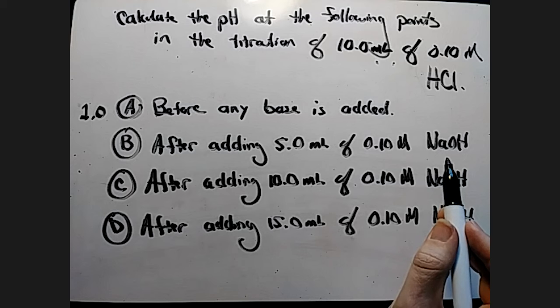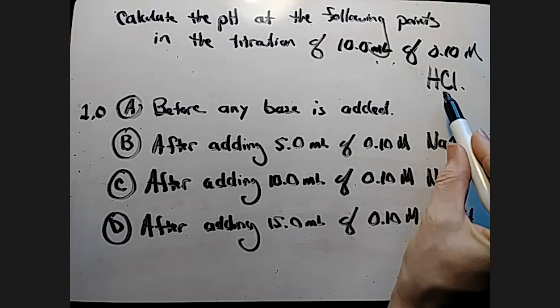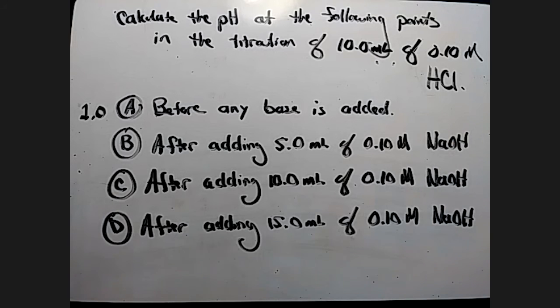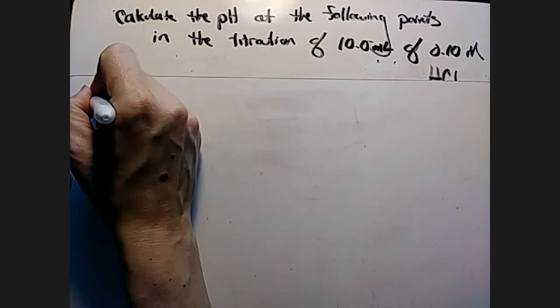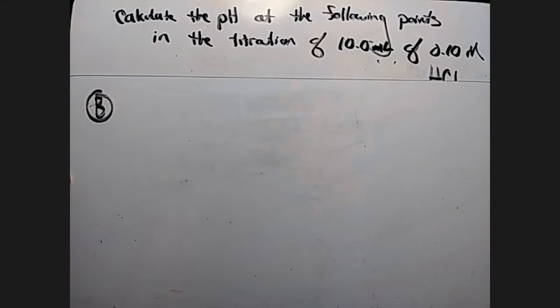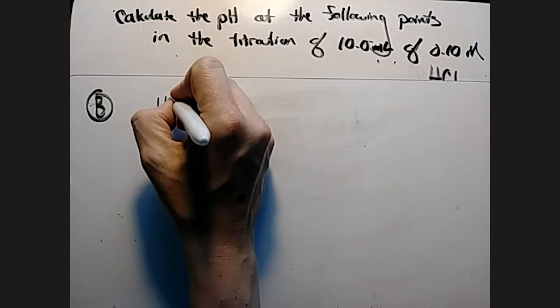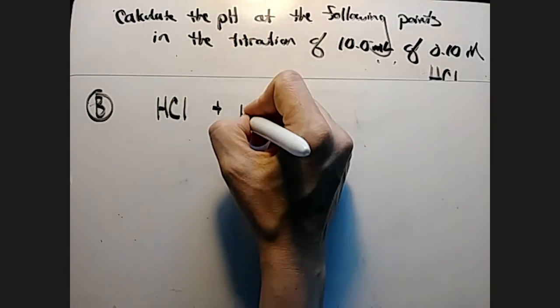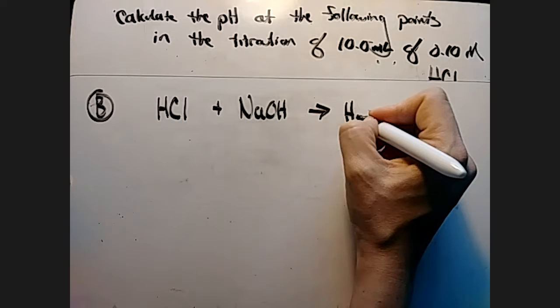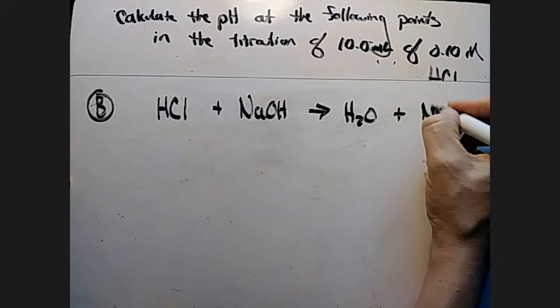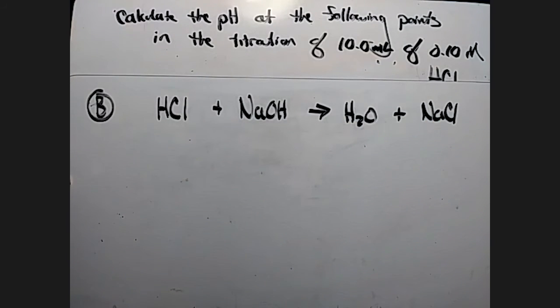Yes, absolutely it's going to. Acids and bases still react the last time that I checked. So at point letter B, let's start off with the chemical equation. So now we have the reaction of HCl plus NaOH makes some water and some NaCl.